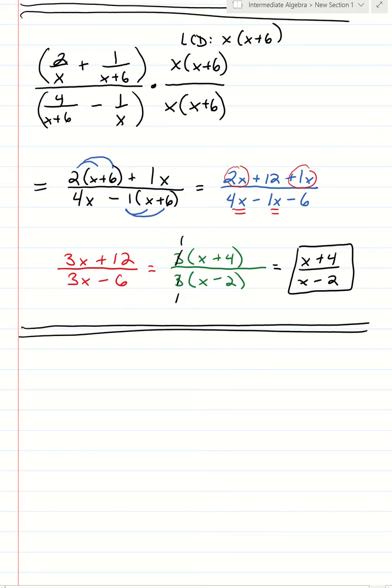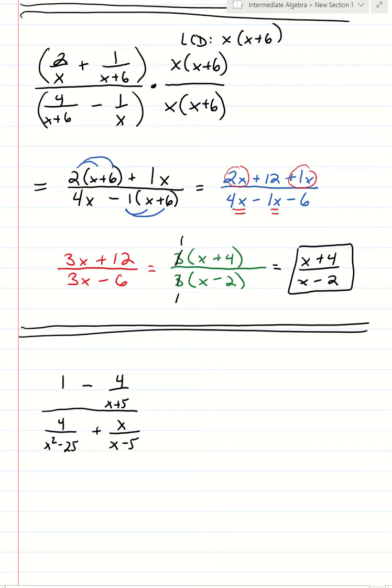Let's say, for example, we have the number 1 minus 4 over x plus 5, over 4 over x squared minus 25 plus x over x minus 5.